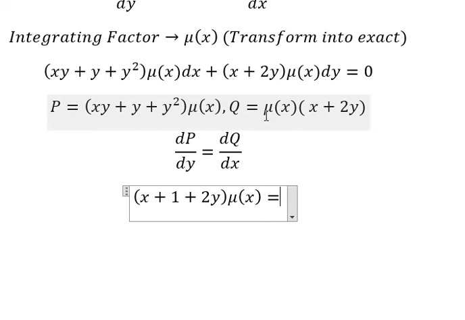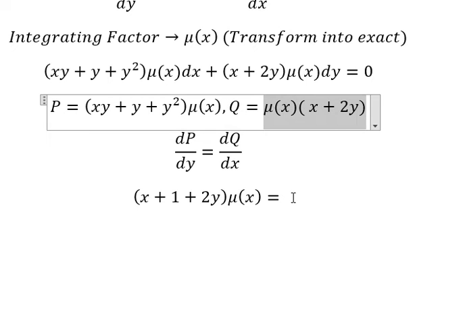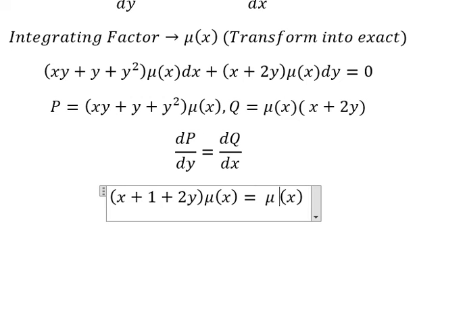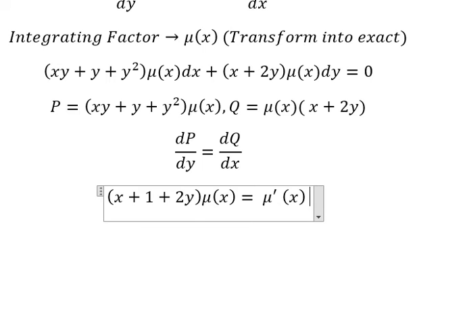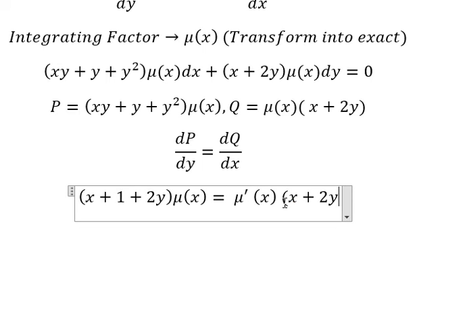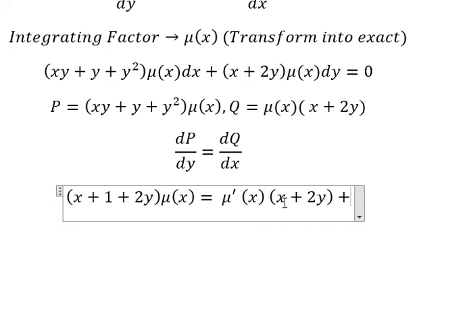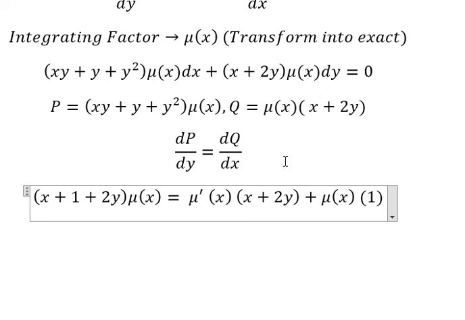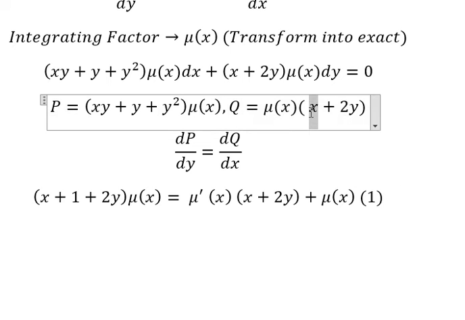This one, if we do first the derivative in here, we need to do first the derivative of mu x multiplied by x plus 2y plus mu x, and this one we have number 1 because the derivative of x is number 1. This is not about x, that's why you got 0 if we do the derivative.